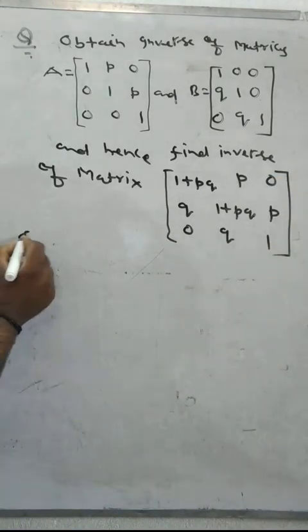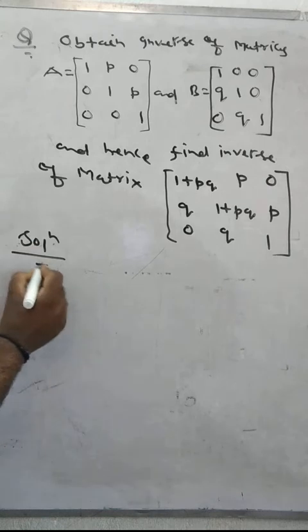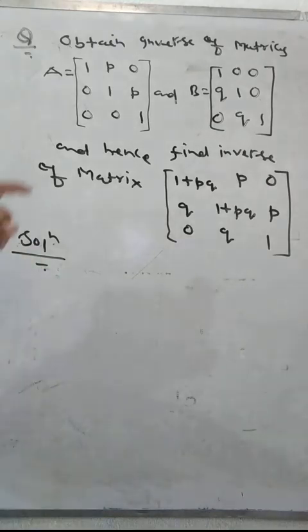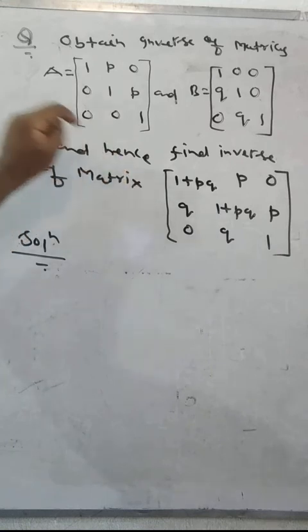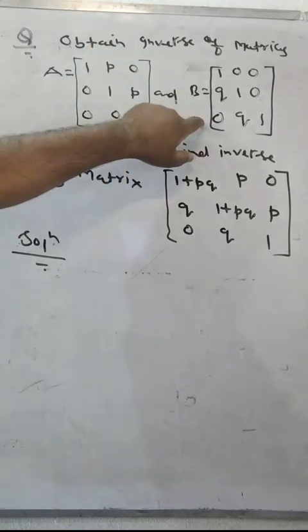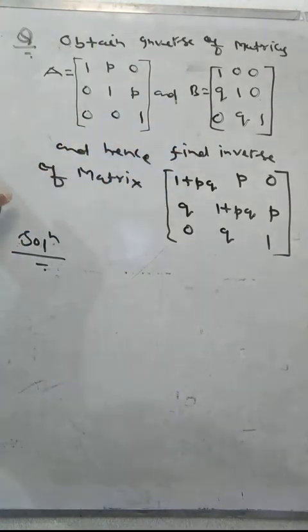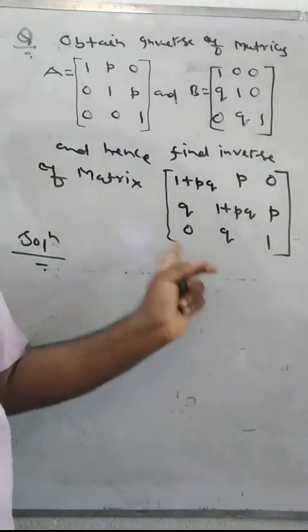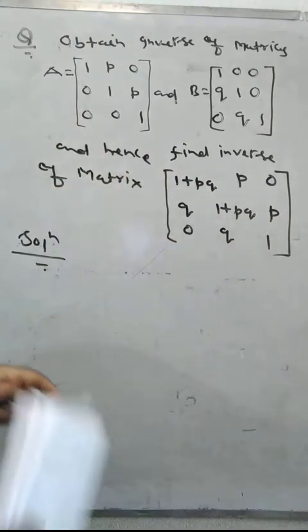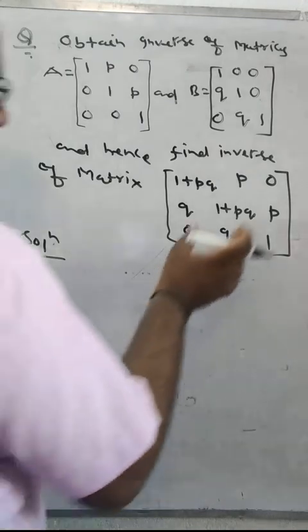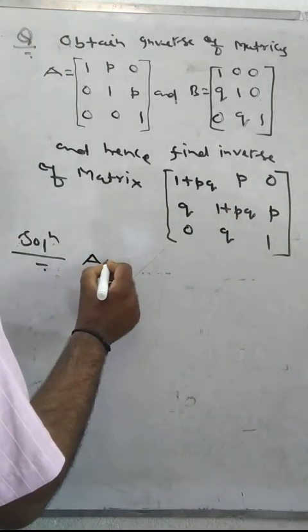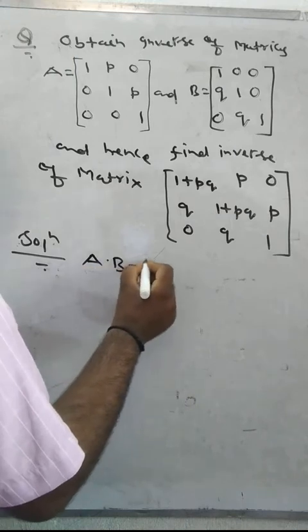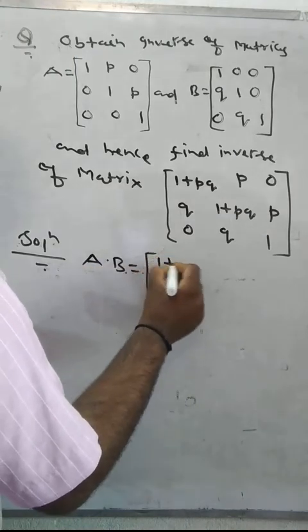So, solution. In this question also the word hence is here. So it means first of all we find A inverse, B inverse, then we can think about how to find this matrix. But actually this matrix is nothing but AB. If you multiply A with B, then you get the same matrix.